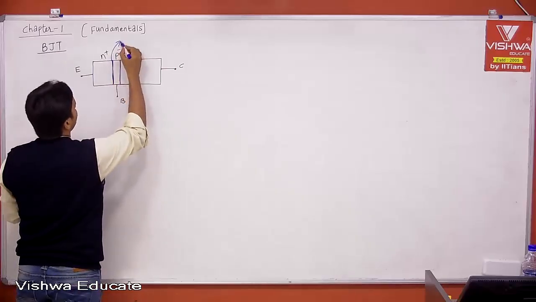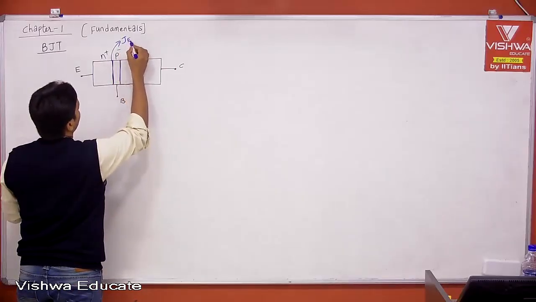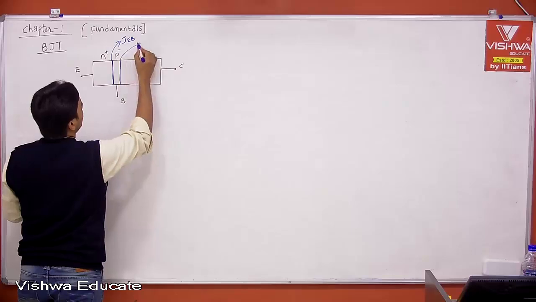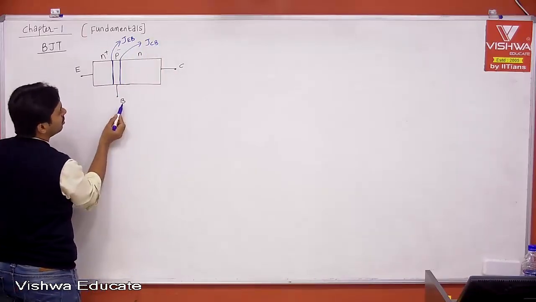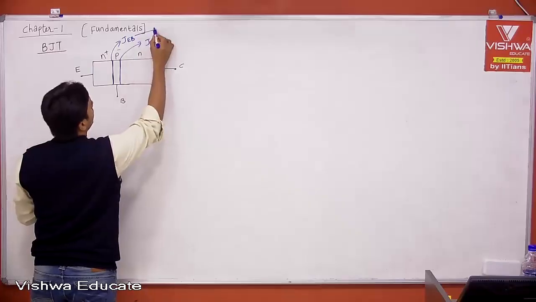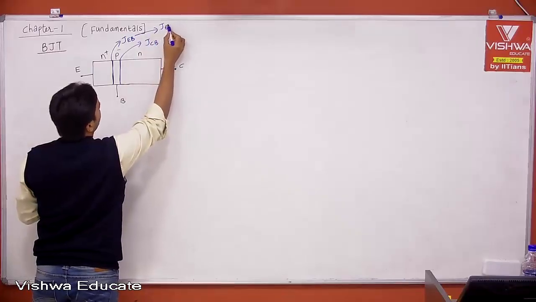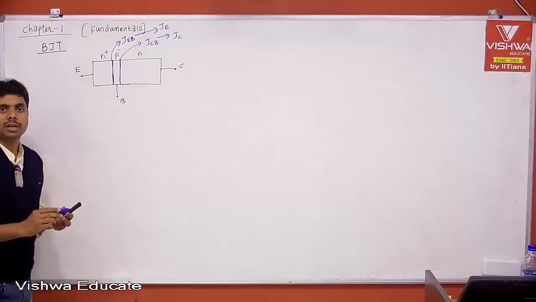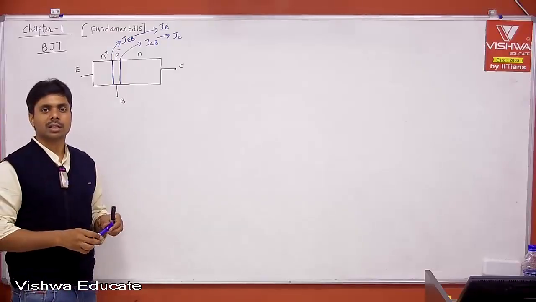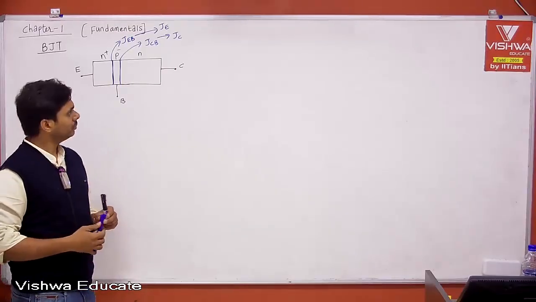Let me call this the emitter base junction, and this the collector base junction. Because the base is common, I can call this simply the emitter junction and this simply the collector junction.